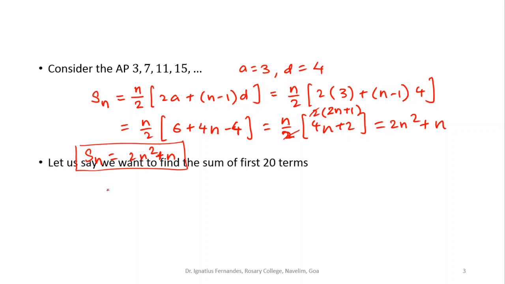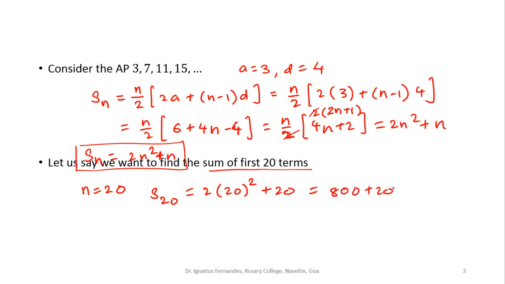In case we want to find out the sum of the first 20 terms, this in general gives you the sum of the first n terms, so you just put n equal to 20. S20 will mean the sum of the first 20 terms: it is 2 into 20 square plus 20. 20 square is 400, 400 into 2 is 800, plus 20 gives 820.